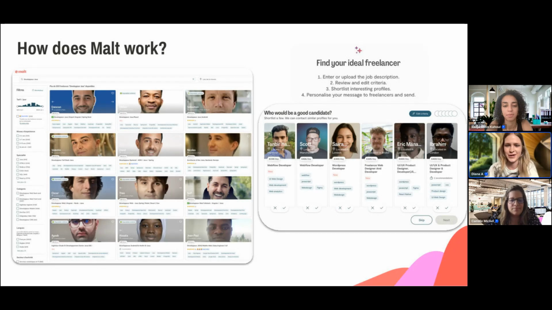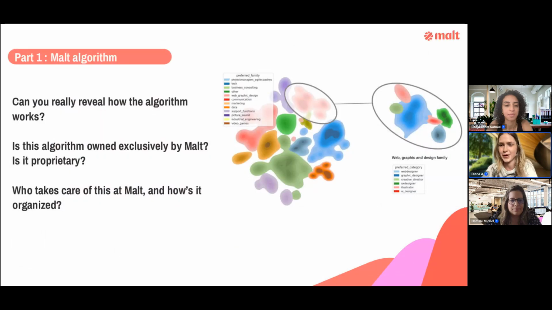But now we will go into the big question around the Malt algorithm. Basically, the first one is, can we reveal how the algorithm works? I think Cami or Raja should be able to answer this today. Yeah, hello.